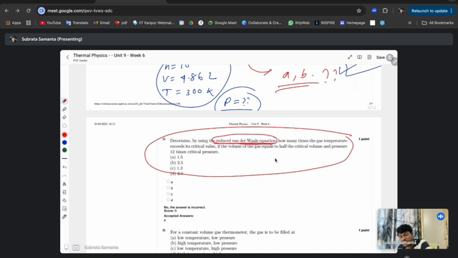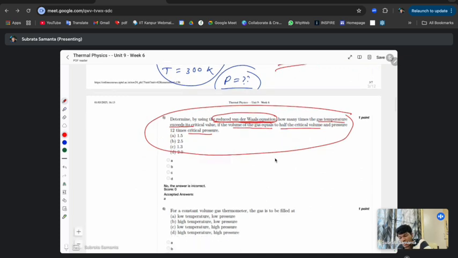First you should know what the reduced van der Waals equation is. How many times does the gas temperature exceed its critical value if the volume of the gas equals half of the critical volume and the pressure is 12 times the critical pressure?